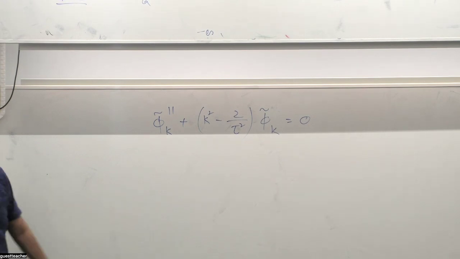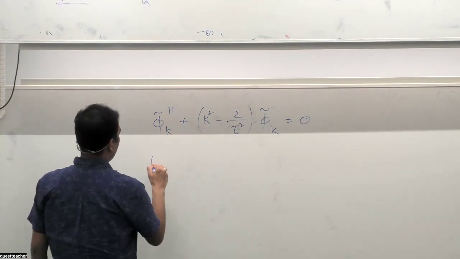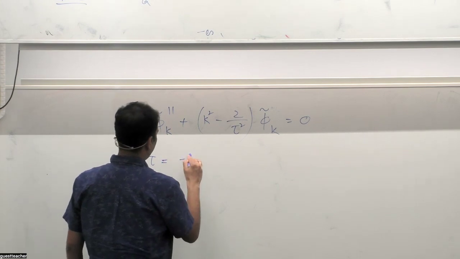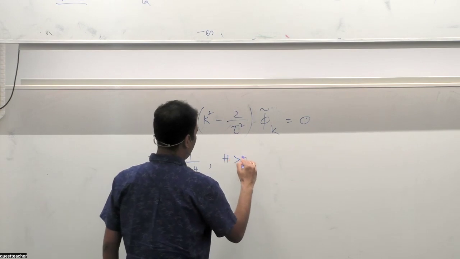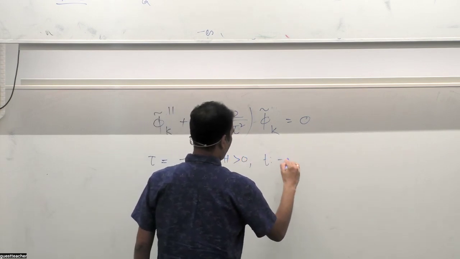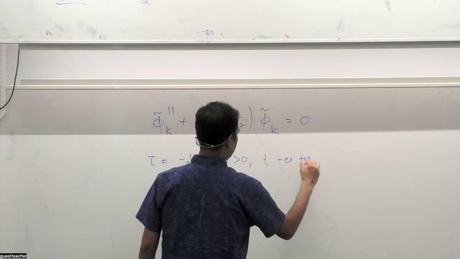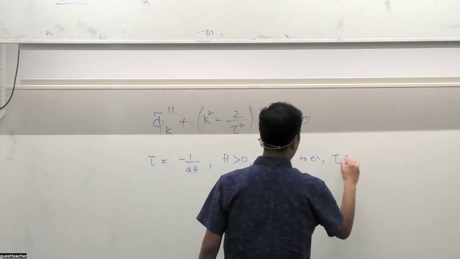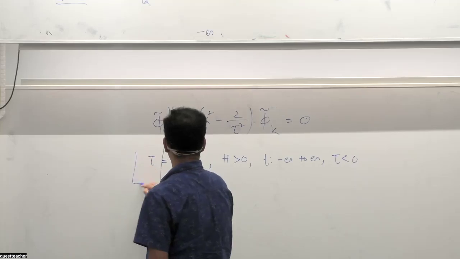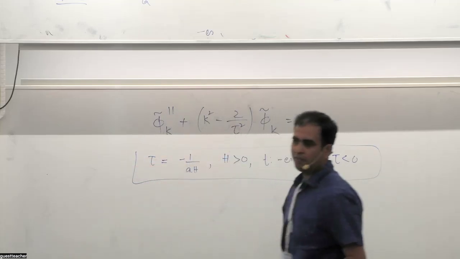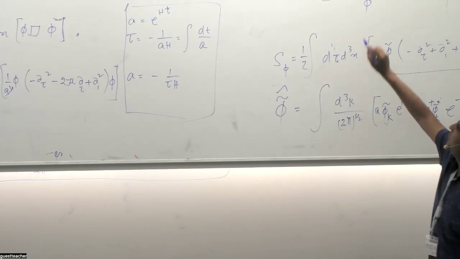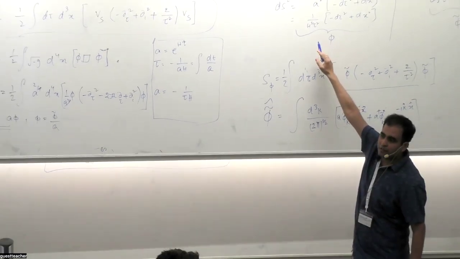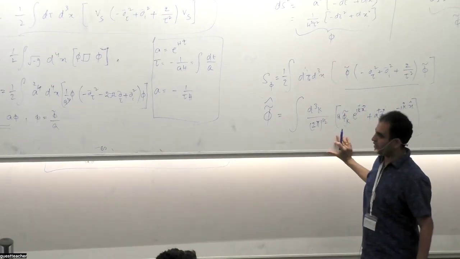Remember that tau is -1 over aH. Remember, again, we assumed H greater than 0, the arrow of time going from -infinity to infinity. That means tau less than 0, even though our metric is completely independent of whether tau is positive or negative. Okay? We make this assumption.